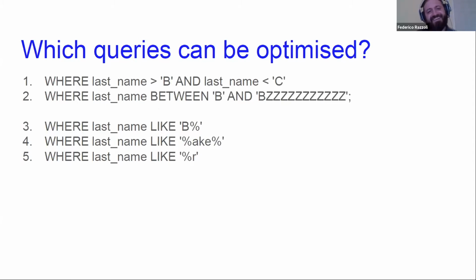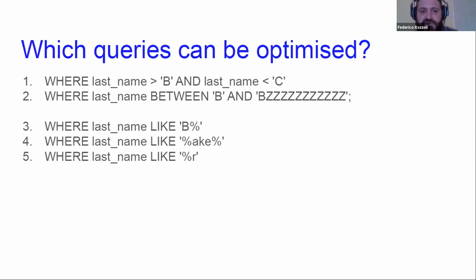Now, there is something that you could be familiar with or not, because in examples 3, 4, and 5, there is a LIKE operator. For those who don't know, LIKE basically matches a string or a text against a pattern. So what we have here are patterns that have a special character, which is the percentage symbol.